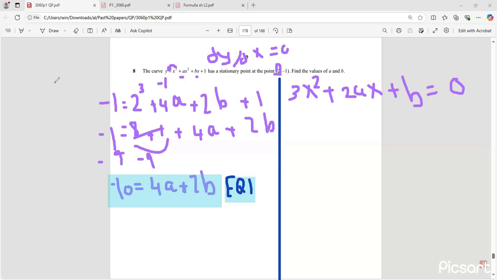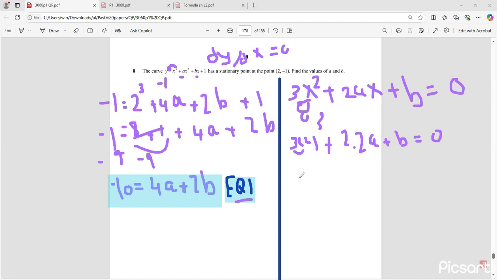So I'm going to substitute x with 2. It is 3 multiplied by 2 squared, plus 2 multiplied by 2 multiplied by a, plus b, all that equal to 0, to get equation number 2.